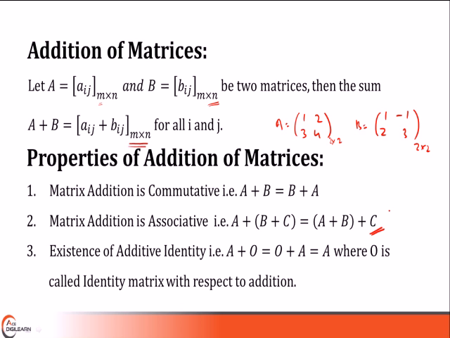Next, existence of additive identity. A plus the zero matrix is same as zero matrix plus A, which is equal to A. So this zero matrix is called the identity matrix with respect to addition.